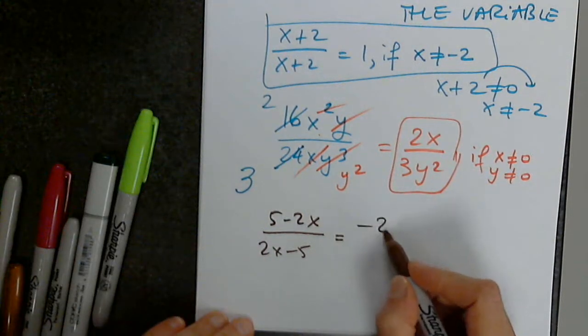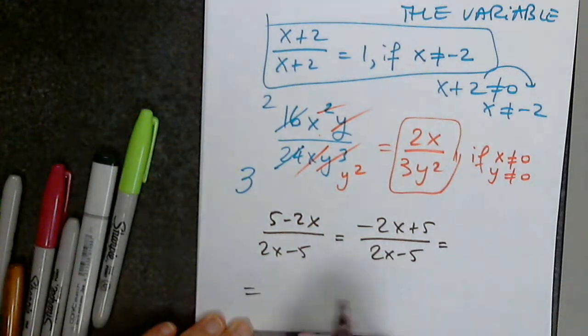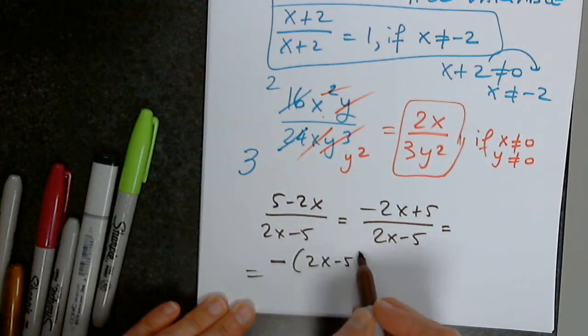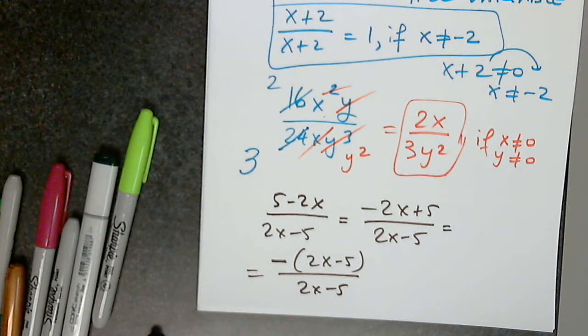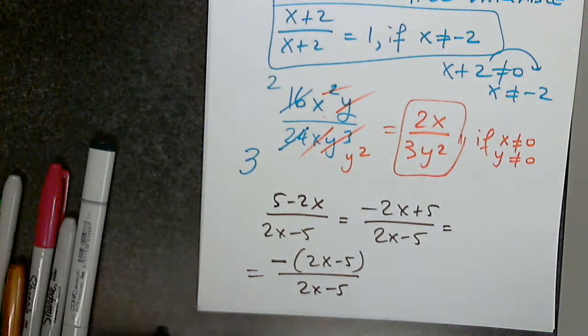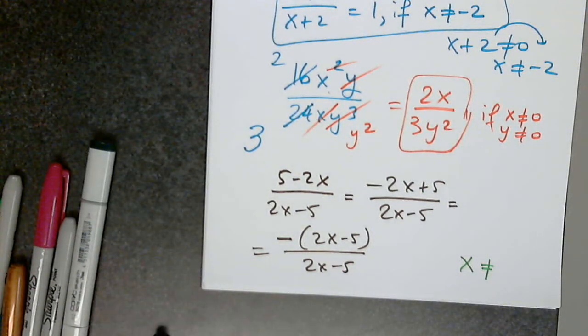So I will rearrange it into this. I will factor out -1. This is all from chapter 6. This is not new. But now, before I simplify, I have to state the restriction. It has to be written before I simplify, because after I simplify, it's gone. And I will not have anything to write.